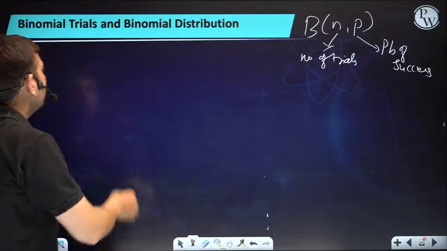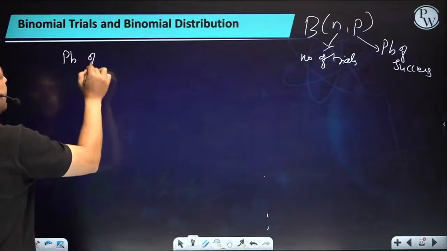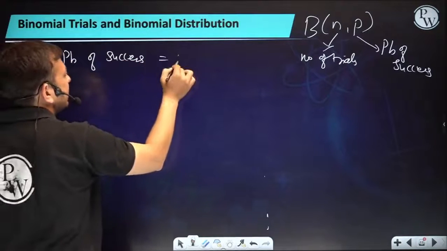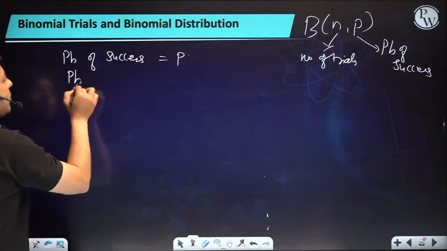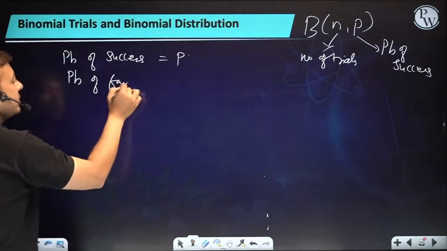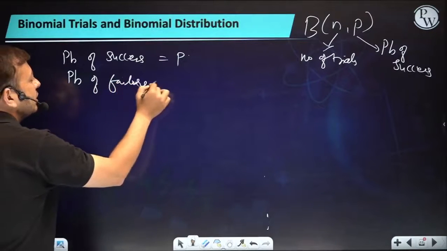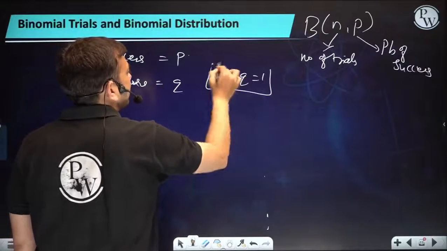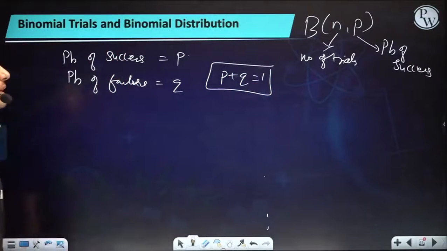Such that probability of success is small p. So probability of failure is equals to q, such that p plus q is 1. Always remember p plus q will become 1.